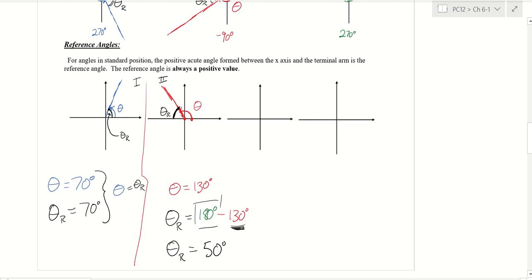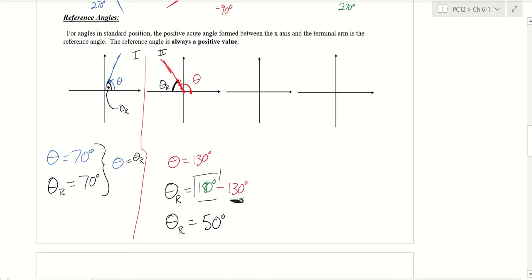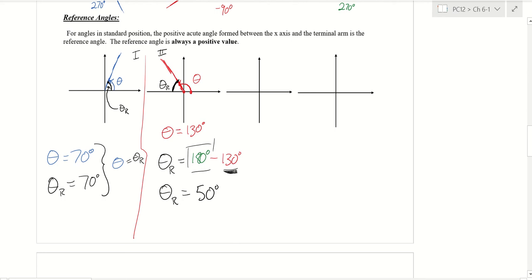So this is true in general for all angles whose terminal arms end in quadrant 2, so long as they are less than 360 degrees. So I will actually write that. Theta r is really just equal to 180 degrees minus your angle in standard position, so long as your angle in standard position is less than 360 degrees and greater than 0 degrees.